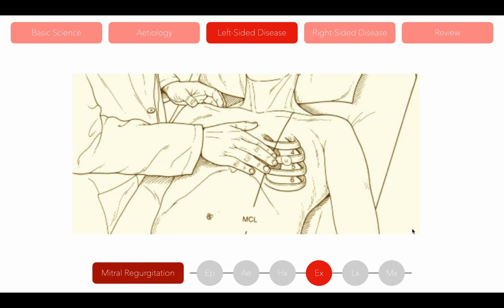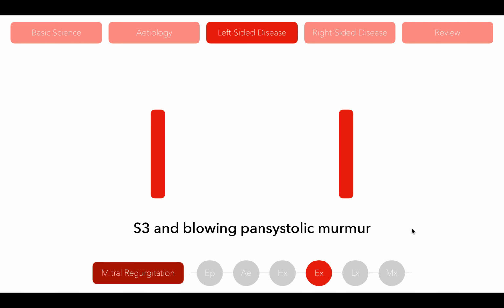So the key thing in the exam is to differentiate your types of shock, to listen to the lung bases for crackles bibasally if it's acute cardiogenic pulmonary edema, to ask the heart failure questions if it's chronic, to ask about syncope, angina, and exertional dyspnea, and to feel if that apex has shifted.